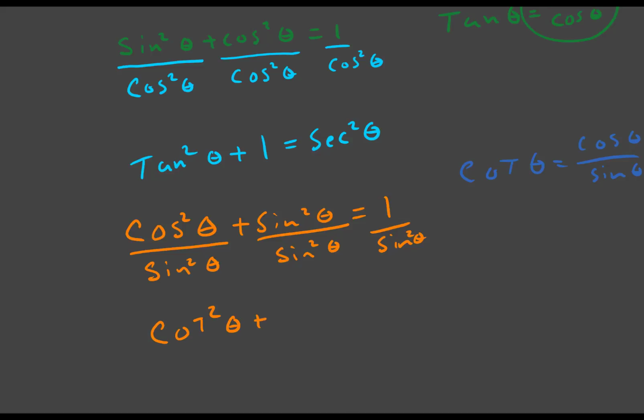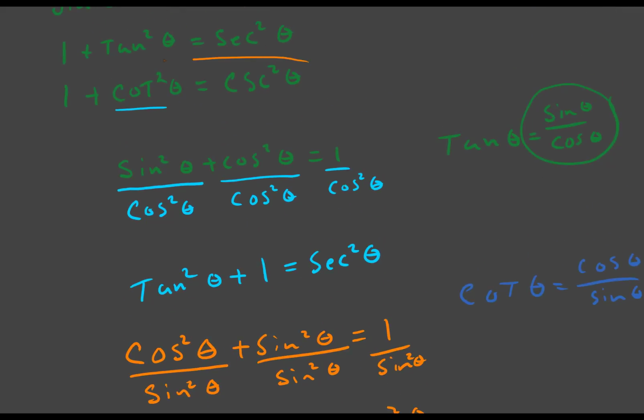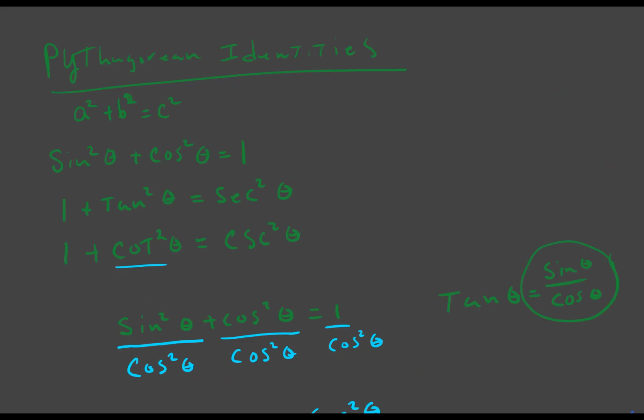Sine squared of theta over sine squared of theta is 1. And the reciprocal of sine is cosecant, so this expression becomes cosecant squared of theta. And there again, you have your third Pythagorean identity.